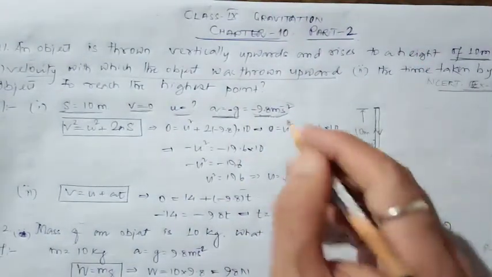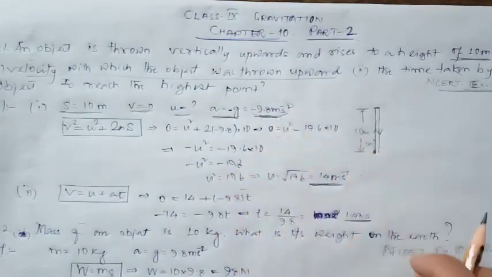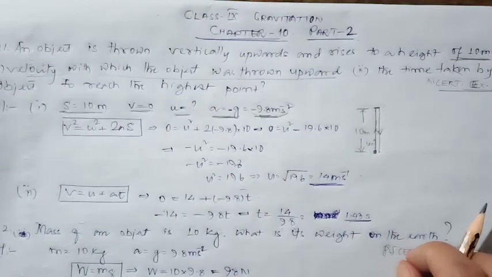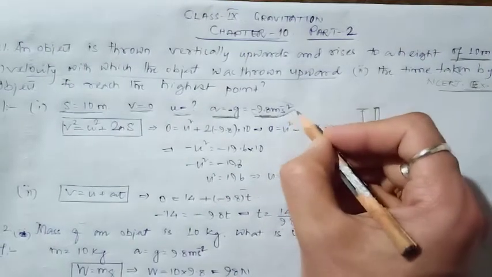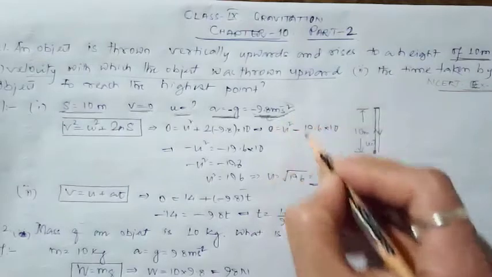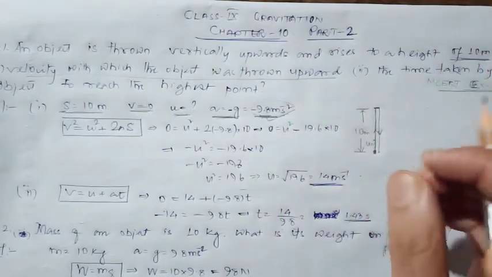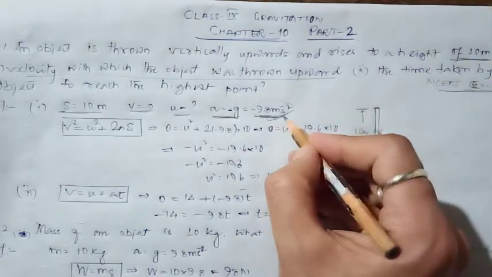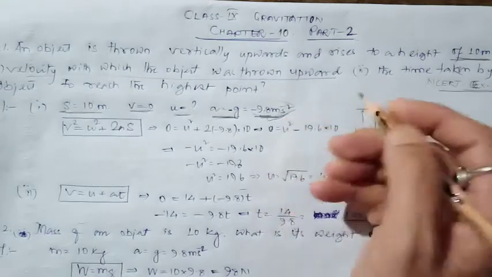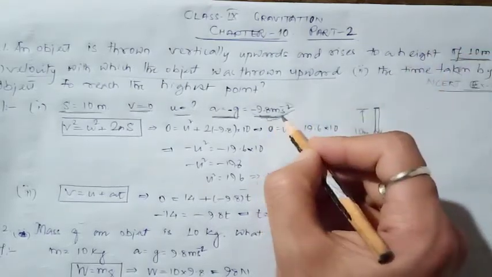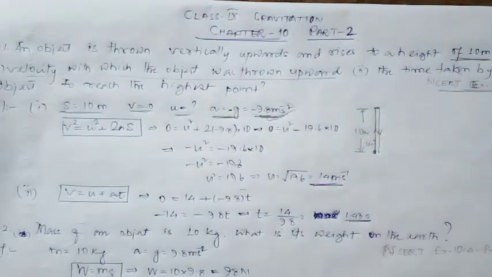The body will accelerate at a constant rate of 9.8 meters per second square. If the body is thrown vertically upward, the speed will decrease at a constant rate of 9.8 meters per second square. If the body is dropped from a height, the speed will increase at a constant rate of 9.8 meters per second square. So this acceleration does not depend upon the body's mass.